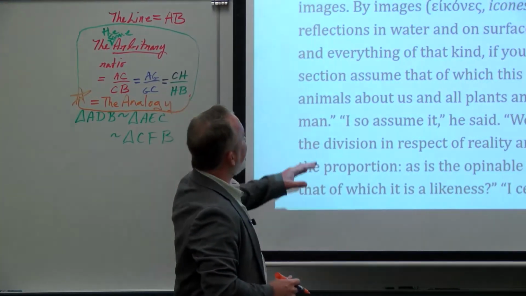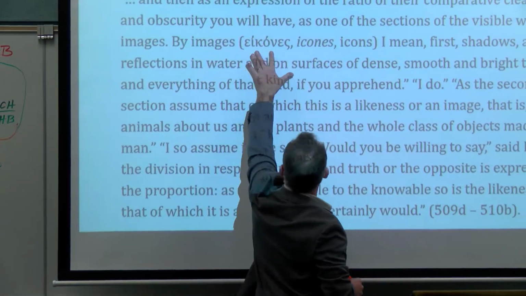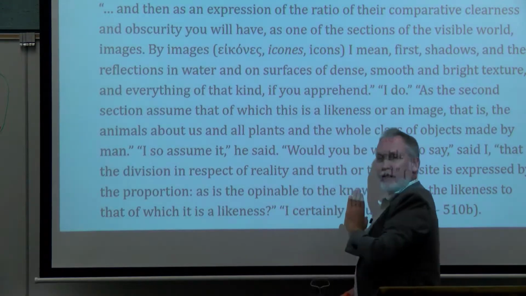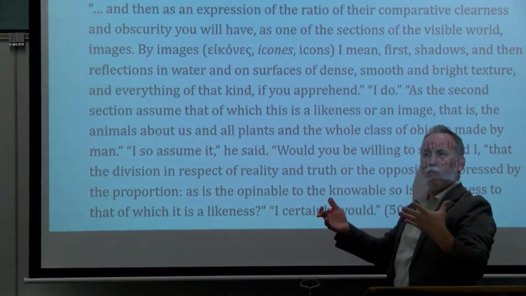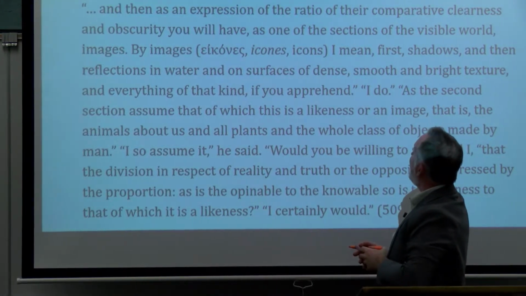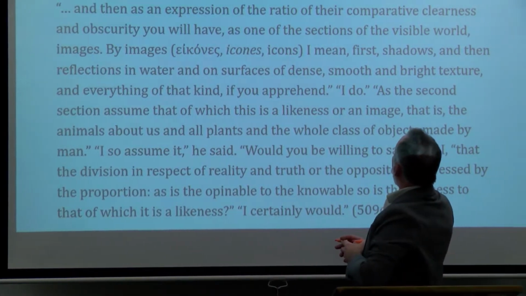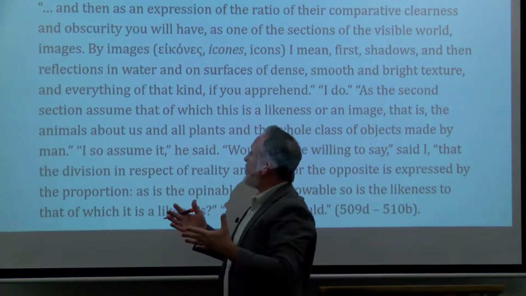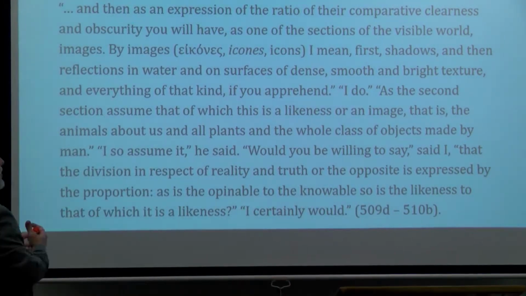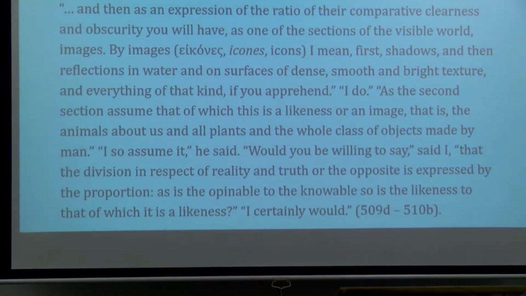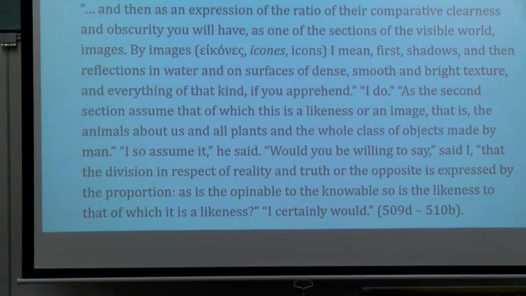By images, notice the word here is eikonas, like icons, right? So that's where we get our word icon from, is from this Greek word. And by images, I mean first shadows and then reflections in water and on surfaces of dense, smooth, and bright texture and everything of that kind. If you apprehend, Glaucon says, I do.